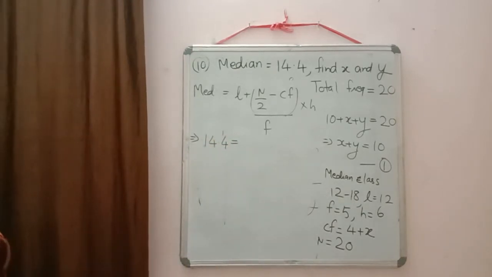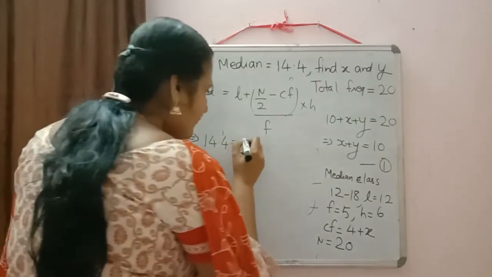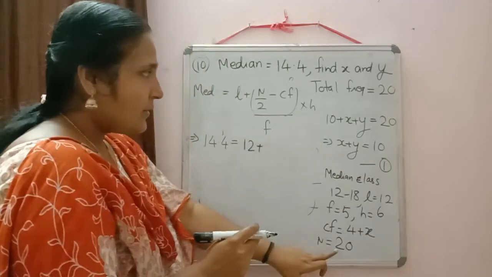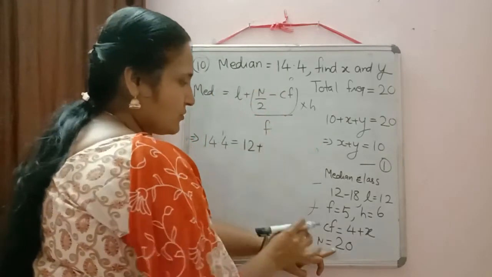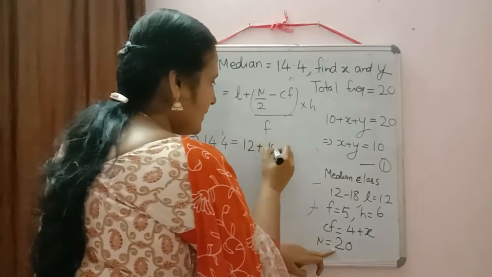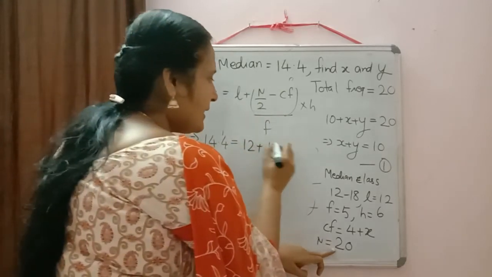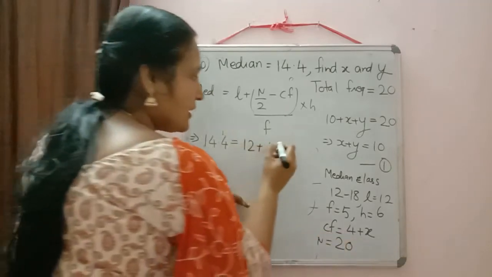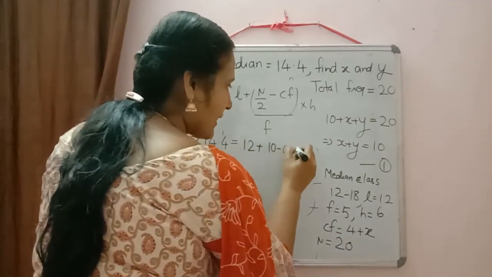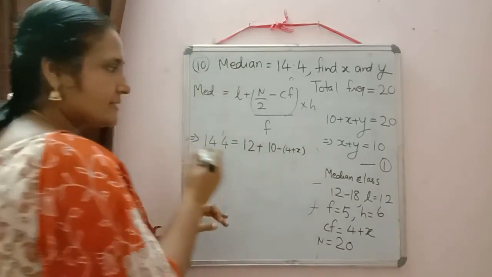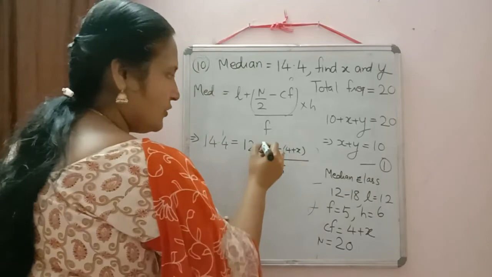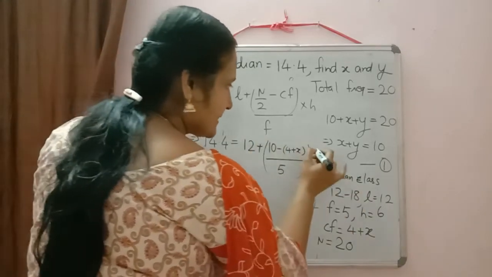So substitute the value 12 plus, what is the value of n? Not 10 plus x plus y. n is equal to 20. So n by 2, 20 by 2, that will be equal to 10. Minus cumulative frequency is 4 plus x. Two terms are there, that's why put the bracket. (4 plus x) by frequency, that is 5, into 6, H.